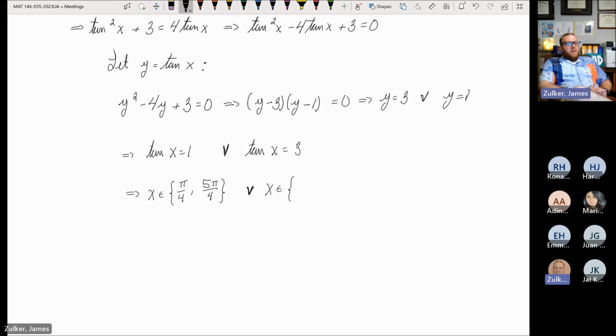In other words, in what quadrants is tangent positive? One and 3.